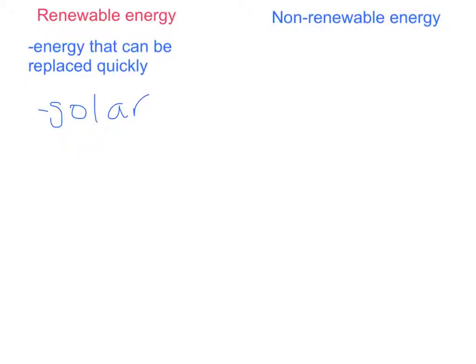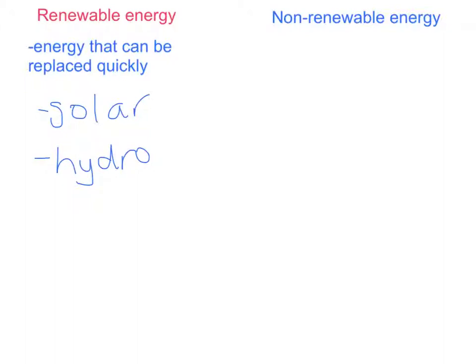It can be renewed very quickly because once you use solar energy, the sun is always there. You can replace it very quickly. So things like hydro energy, energy from waves or water falling down very quickly, that's renewable. You can replace that really quickly.